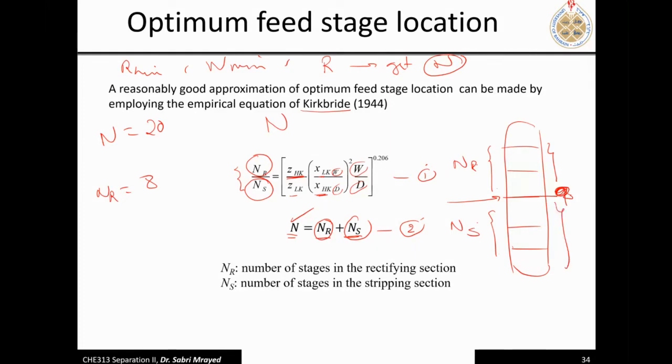And the rest is going to be 20 minus 9, which is going to be 11. So you're going to have 12 stages in the stripping section and 8 stages in the rectifying section. And your feed stage is going to be number 9. Okay.